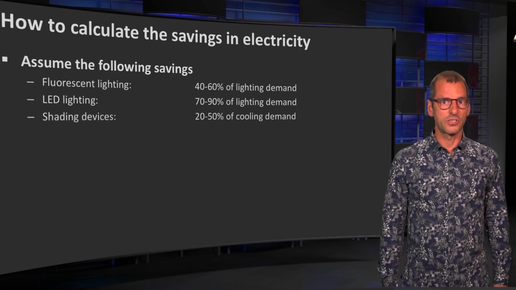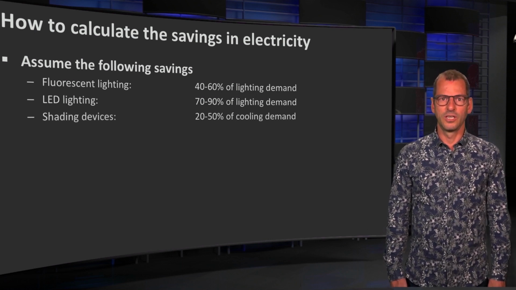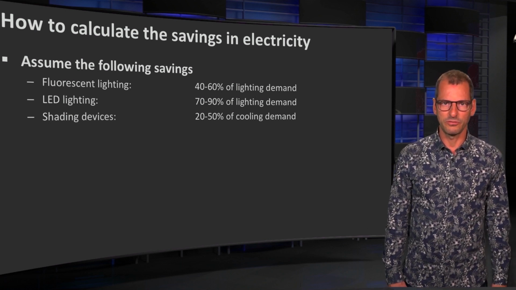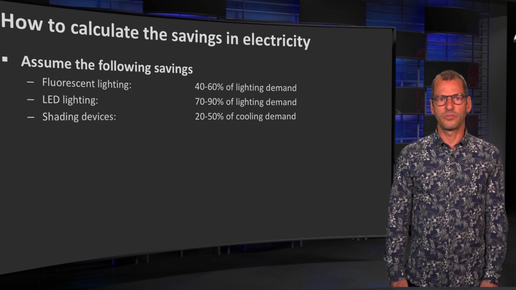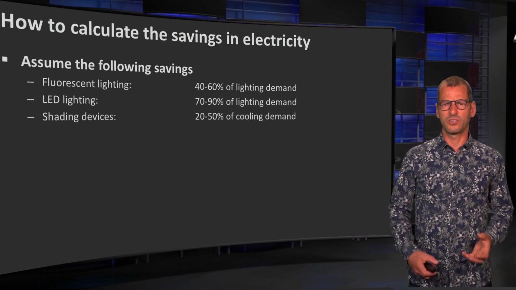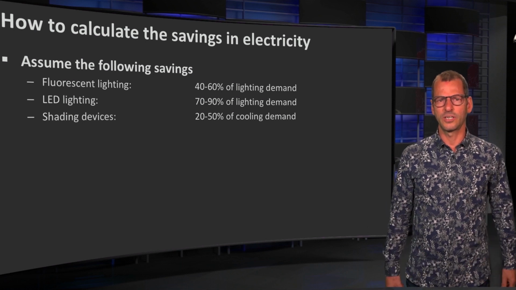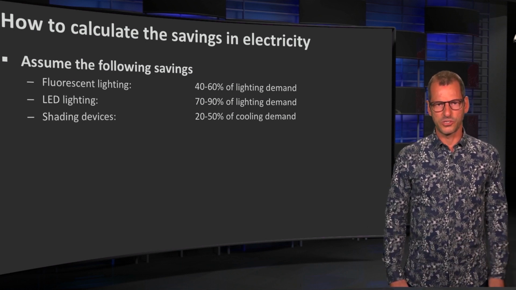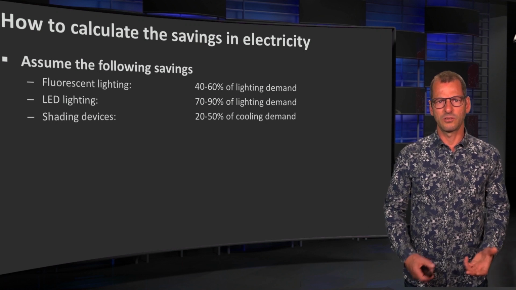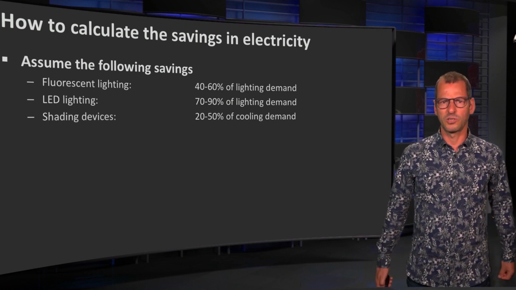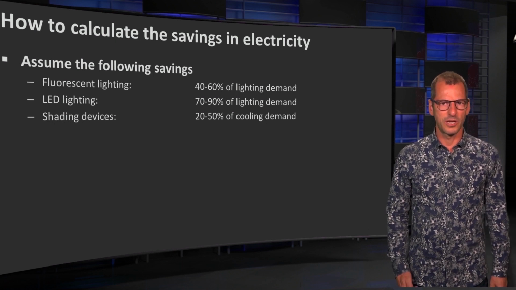Shading devices, of course, are important to reduce the upheating of your building and therefore with the artificial cooling you have to install. So think about this figure, and it also depends on how many windows do you have, how is your building oriented. So you have to estimate it a little bit yourself. It's a bit about thinking brightly about it yourself and then using a figure that could be justifiable.